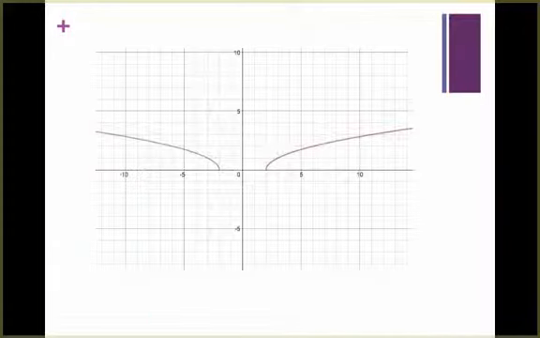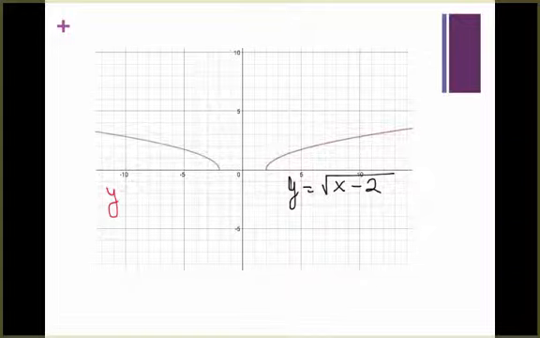Now let's look at a reflection over the y-axis. If we look at our original graph here, the function for that would be y equals the square root of x minus 2. And if I look at the equation for the second graph, I would see that it is y equals the square root of negative x minus 2.